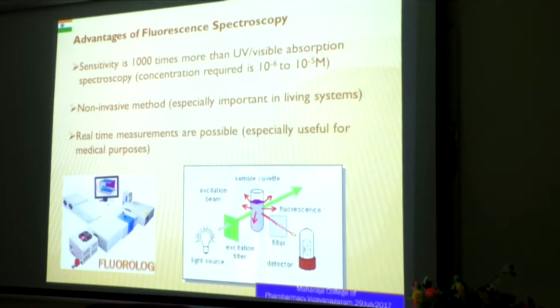When you switch it on, the light from this compartment enters into this compartment, which you call an excitation monochromator. This box contains gratings where you can tune the wavelength of excitation with plus or minus 0.1 nanometer accuracy.